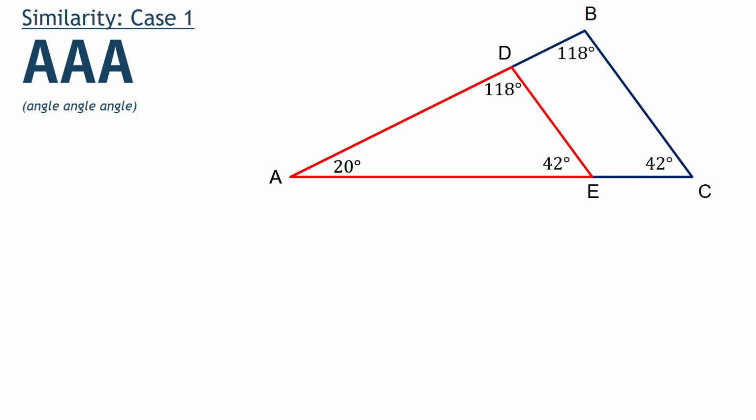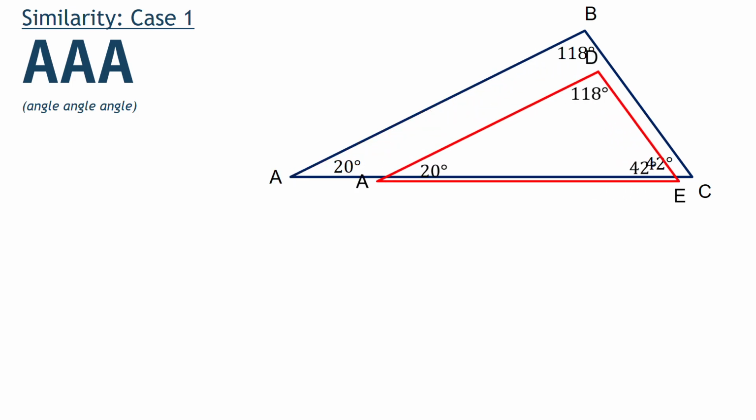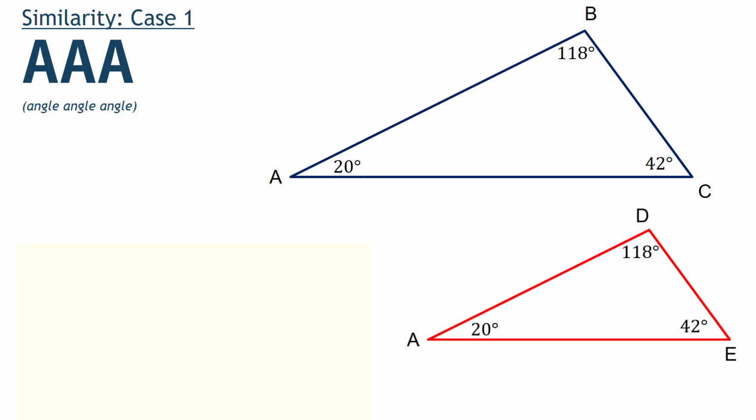Alright, my format is very similar to congruency. So I'm going to start by stating which triangles I'm working in. So let me just move the one triangle down. Okay, so I'm working in triangle ABC and triangle ADE. Then from there I can state which angles are equal to each other.